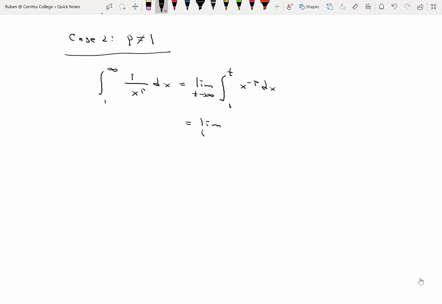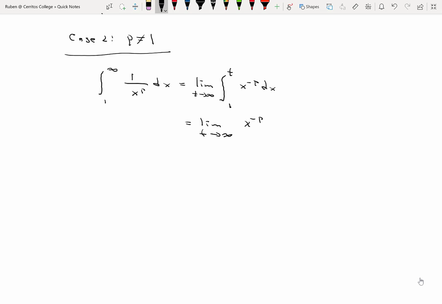This is the limit as t approaches infinity. Now here's where it becomes clear why I'm looking at the case where p is not equal to 1. If p were equal to 1, we'd be integrating 1 over x, and the integral of 1 over x is a logarithm. If p is not 1, we're just integrating a power, like in calculus 1.